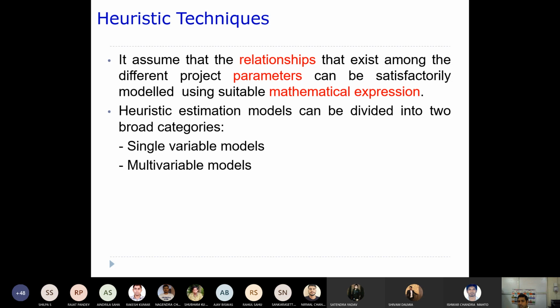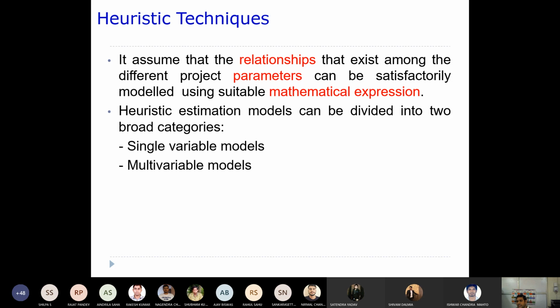After you have estimated them independently, you try to find the relationship with the other parameter, so the other parameter can be predicted based upon this independent variable. This is exactly what we are trying to do.